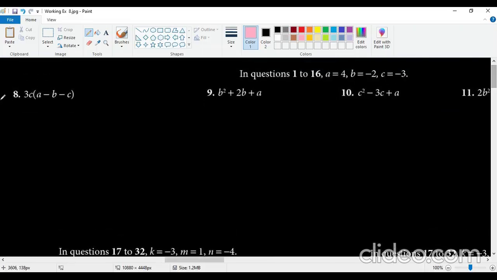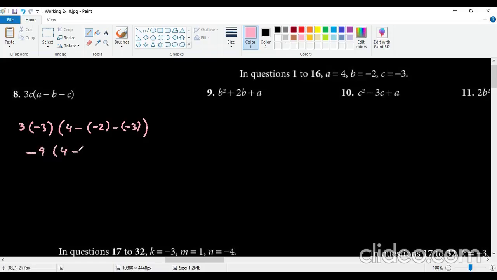Now in this question also, I'll be putting the values directly. Now this gives us a 3, c value is negative 3, and within the bracket a value is 4, negative b value is negative 2, and negative c value is negative 3 within the whole bracket.